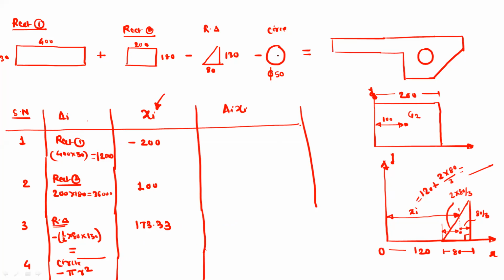Now for that circle, this is the distance which is to be determined. So the distance is d. Put the value d as it is, which is the unknown value. And now find out this product, AiXi.